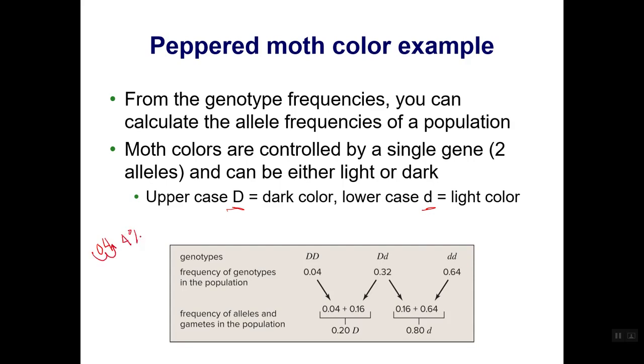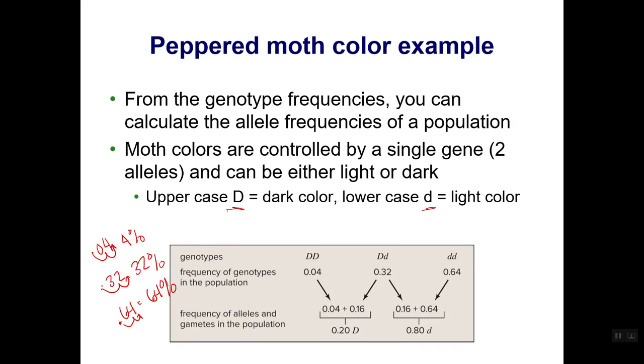So this would be 4%. Likewise, 0.32, I moved the decimal place over 2 times, is 32%. And little d, 0.64, equals 64%. But for what we're doing right now, we want to keep them in decimal form.